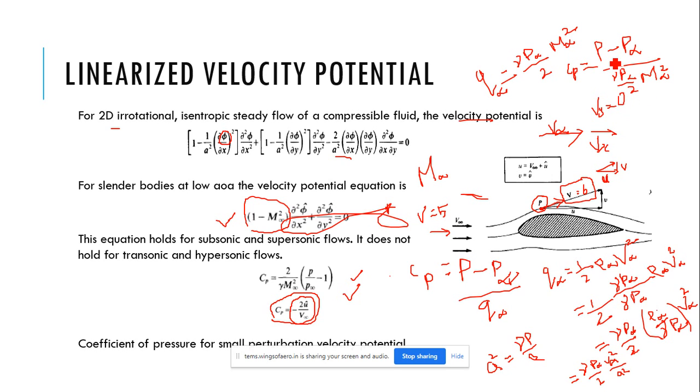So we can write the equation like this: by taking P infinity common, we get 2 divided by gamma M infinity square into P minus P infinity; P infinity will get cancelled. Therefore, P by P infinity minus 1, into 2 divided by gamma M infinity square.